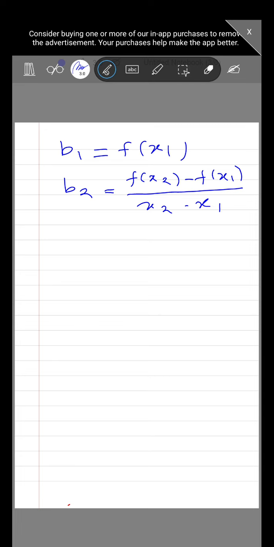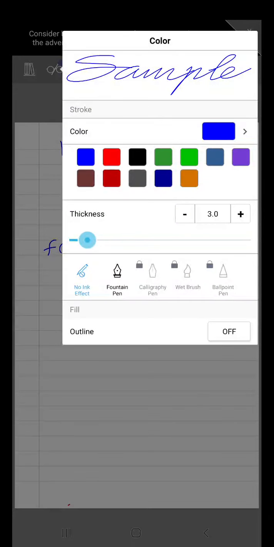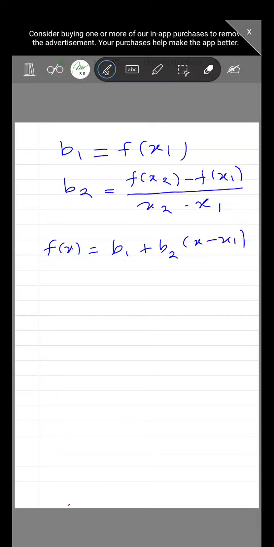And the second term in the polynomial series, that is f(x), was b1 plus b2 into (x minus x1), and it has now been replaced by this term, delta d f1 into (x minus x1). So b2 has been replaced by delta d f1.